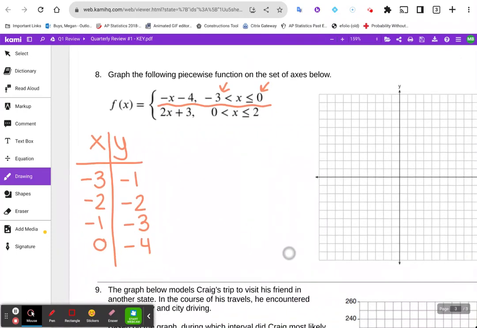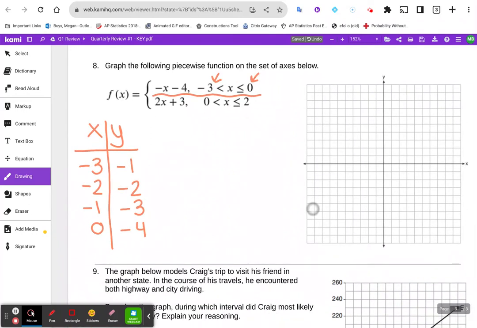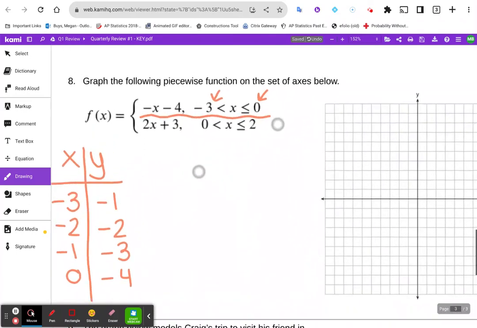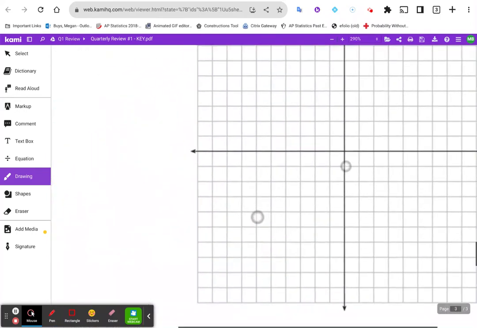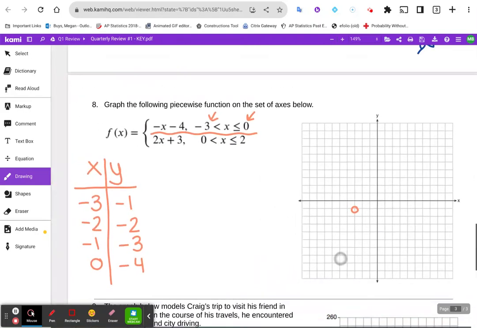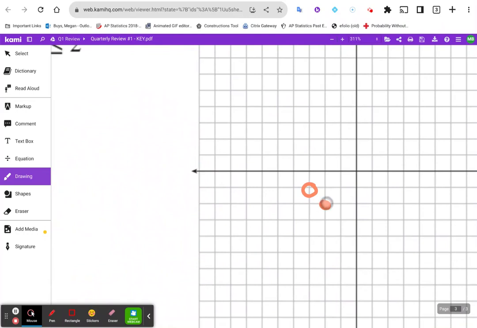So now I'm going to graph this section first. From negative 3, negative 1, I have to be careful though. When you just see a less than and there's no line underneath, that negative 3, negative 1 is going to have an open circle. So at negative 3, negative 1, I've drawn a circle with an open value to it. Anything in between these two numbers can be closed. So at negative 2, negative 2, I'm going to close that.